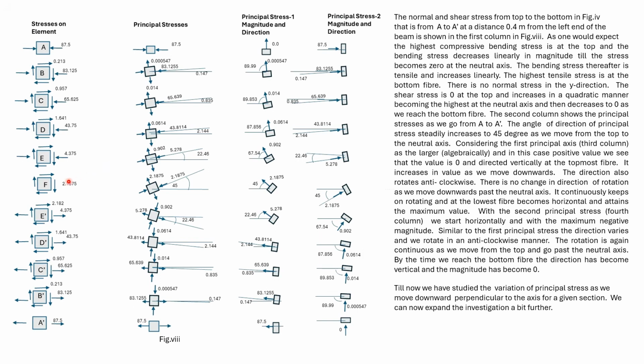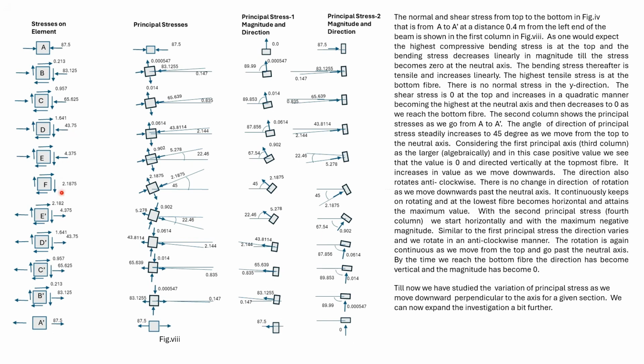The tensile stresses increase in magnitude till we reach A dash. A dash is subjected to the highest tensile stress. The variation of compressive stress in the top and the tensile stress at the bottom are both linear.